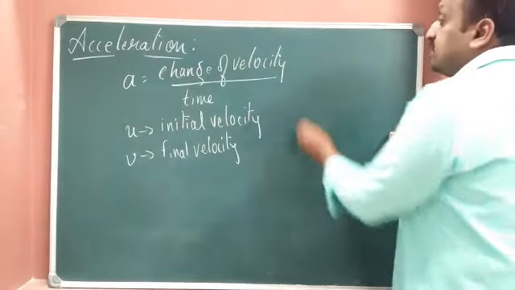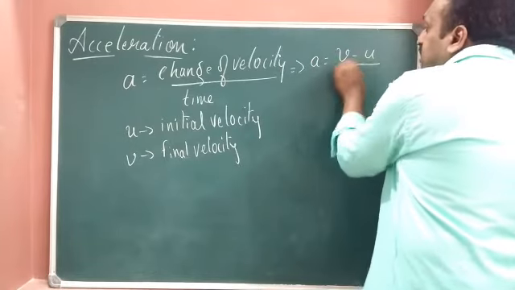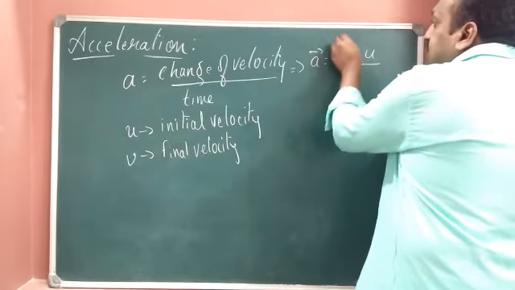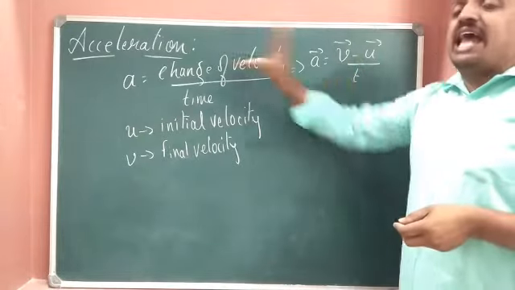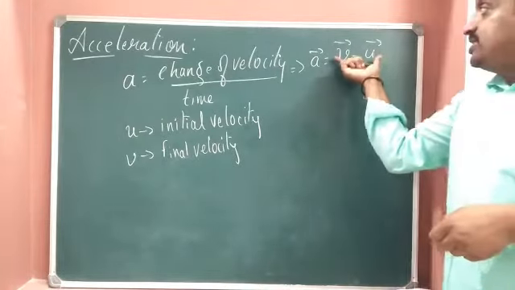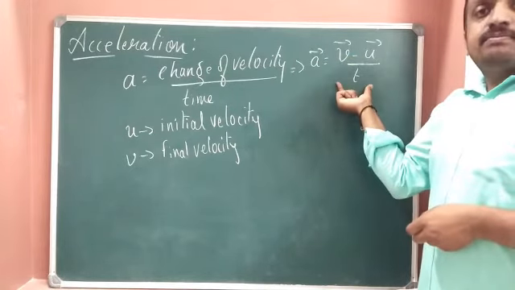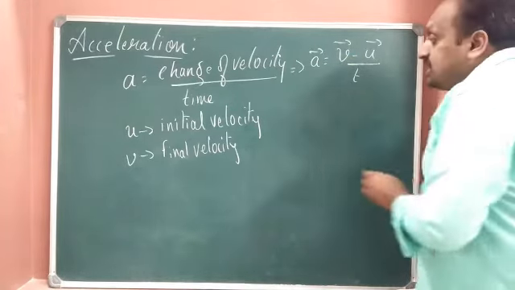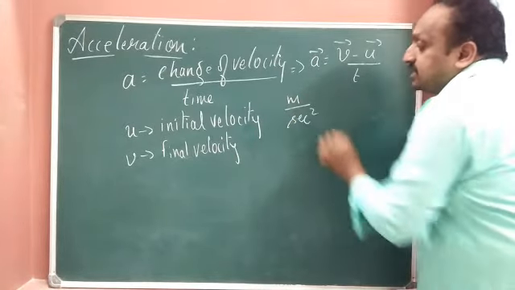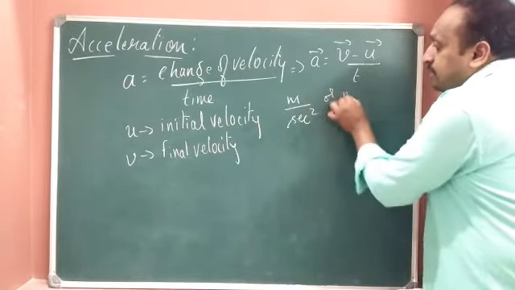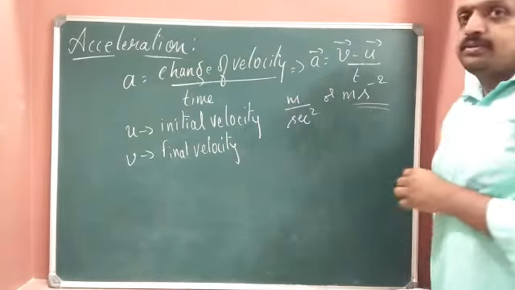So it is very clear that a is equal to (v minus u) divided by t. This is the concept of acceleration, change in velocity with respect to time. And the unit is meter per second square, or meter second inverse square.